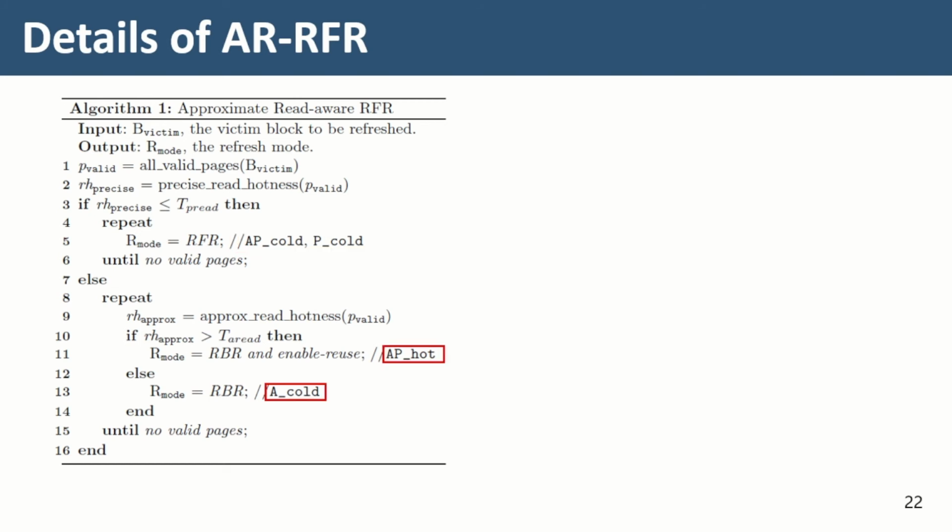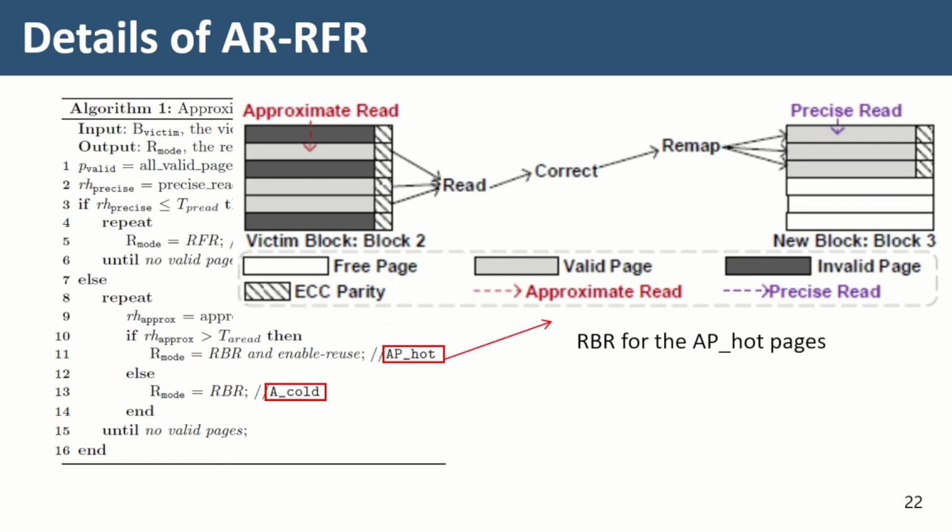For A_cold and AP_hot pages, AR-RFR tracks RBR. So with AR-RFR, the precise read counts on the pages are significantly reduced.